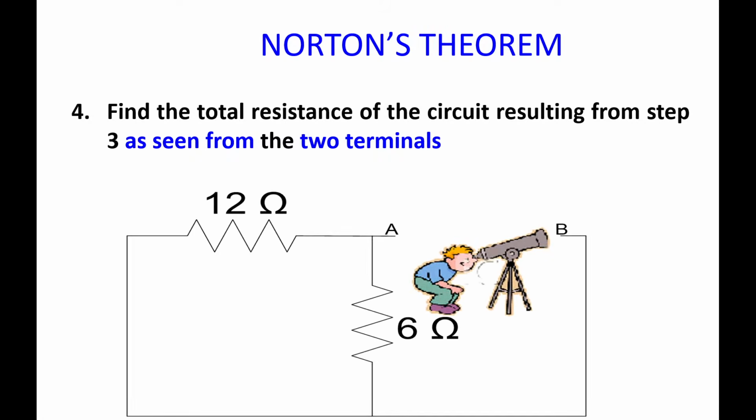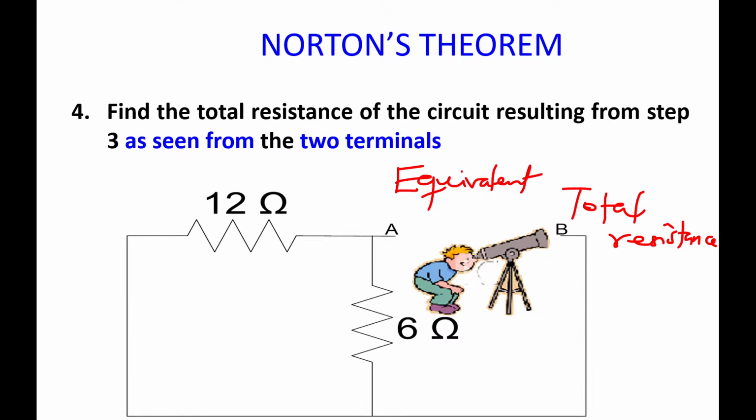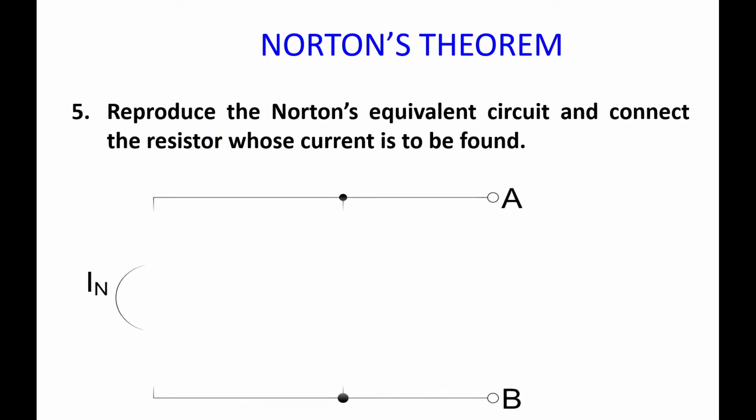Standing at the terminal, you are going to find Rn, and Rn, as I said earlier, is the total resistance. After you are done, you are going to reproduce the Norton's equivalent circuit.